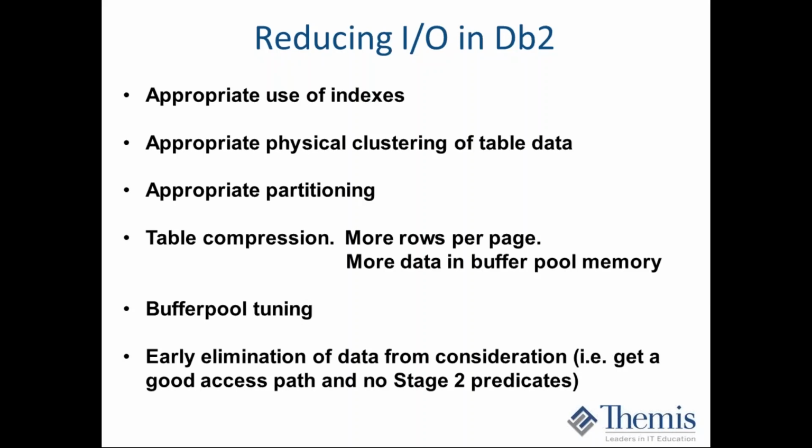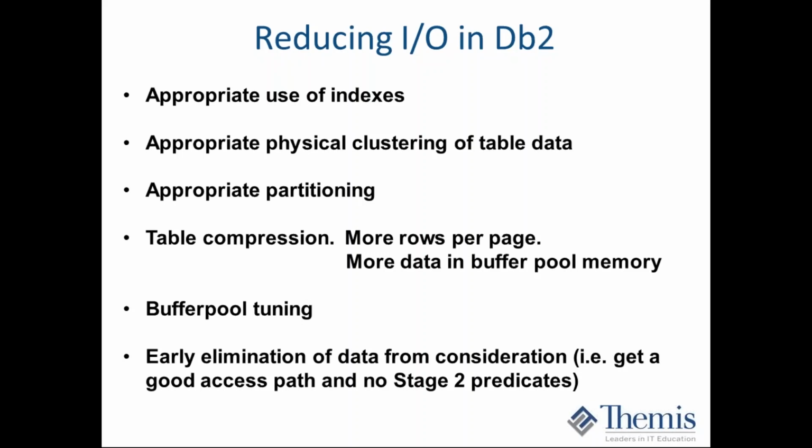And why is that important? Because as I bring a row out of Db2, the whole page is brought into memory. The more rows on that page, the more rows I have in memory. That page is going to stay in memory until these memory areas get filled up, and then pages will start dropping out. If I can have as much data as possible staying in memory, Db2 knows and keeps track of what data for a table is in memory and what data is down on the physical file.